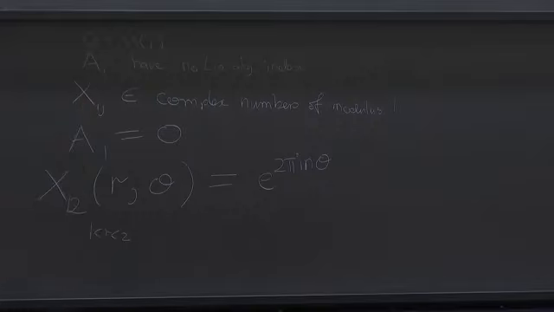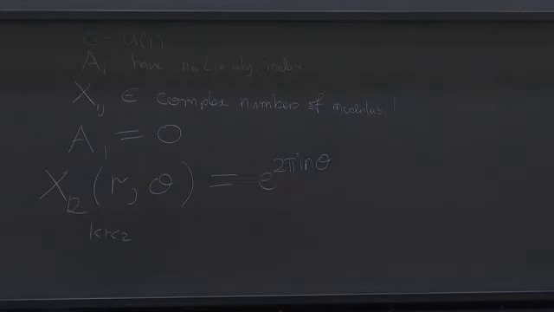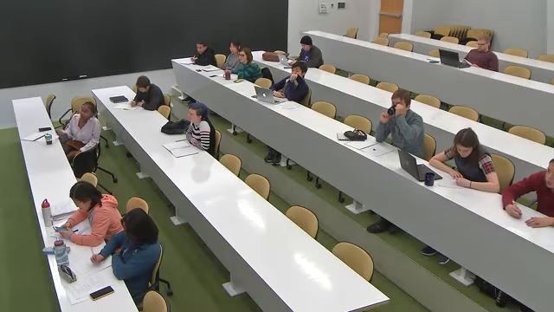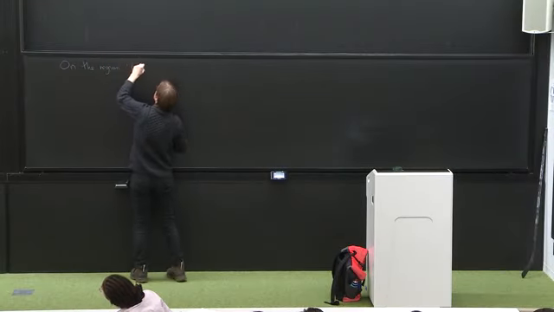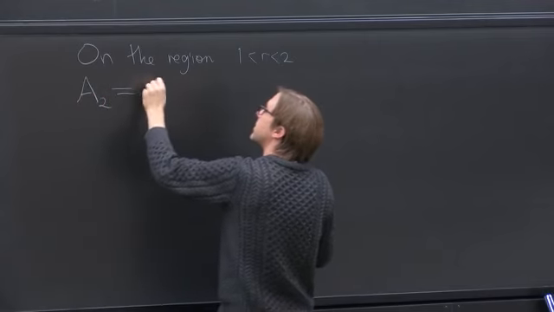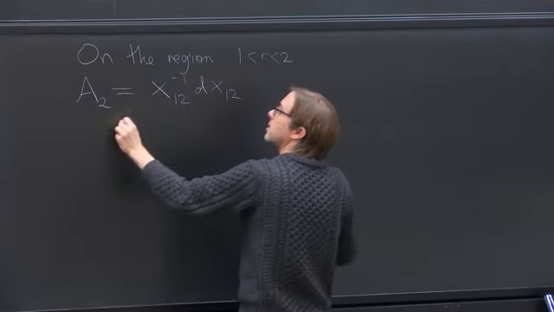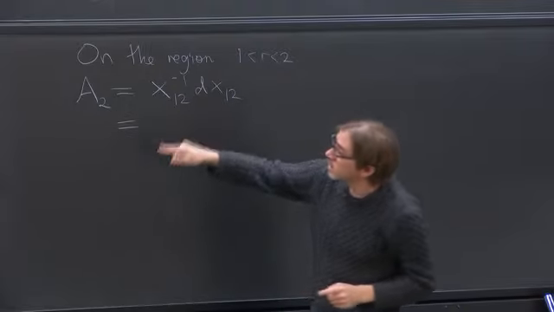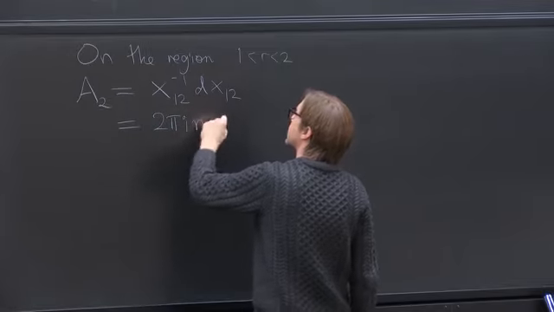Well, A2 is going to be determined by the fact that it's related to A1 by a gauge transformation. So on the region where 1 is less than r is less than 2, A2 must be X12 inverse dX12, which, if you calculate, is 2πin dθ.